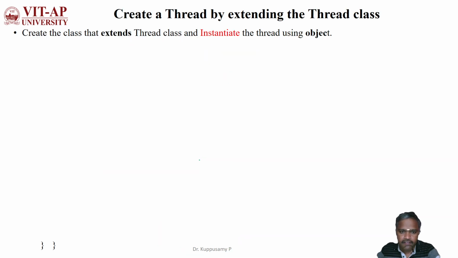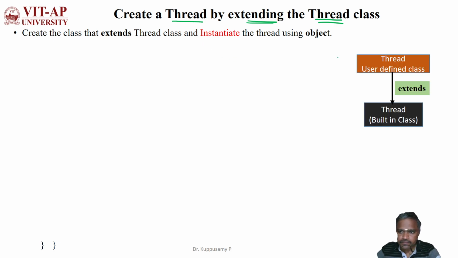Right? So here we will see the example of creating a thread by inheriting the parent class Thread. We are going to define the user-defined class with the name ThreadEx, which is inheriting the parent class Thread.